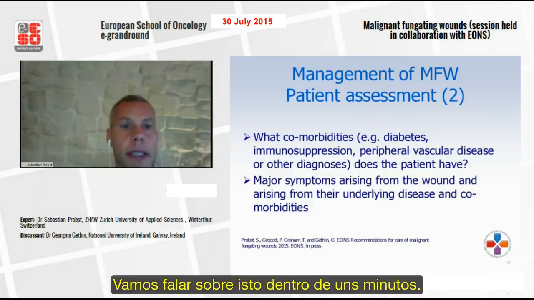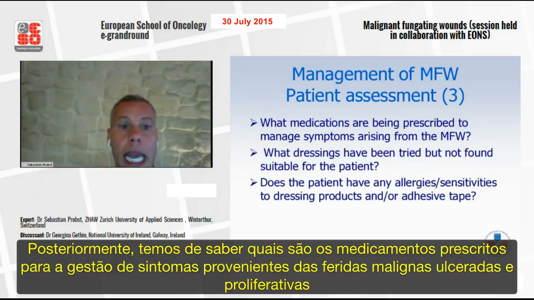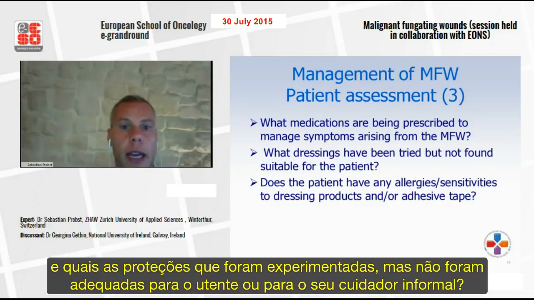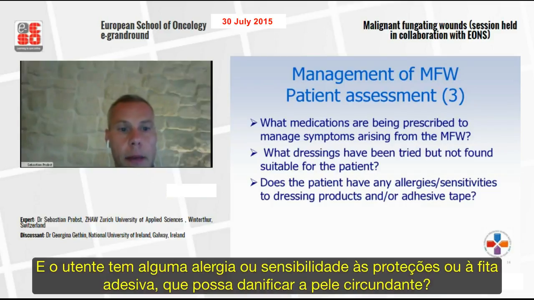We will talk about the symptoms in a few minutes. Then, what medications are prescribed for managing the symptoms arising from the malignant fungating wounds? What dressings have been tried but not found suitable for the patient or the informal carer? And does the patient have any allergies or sensitivities to dressings, products, or adhesive tape that may damage the surrounding skin?